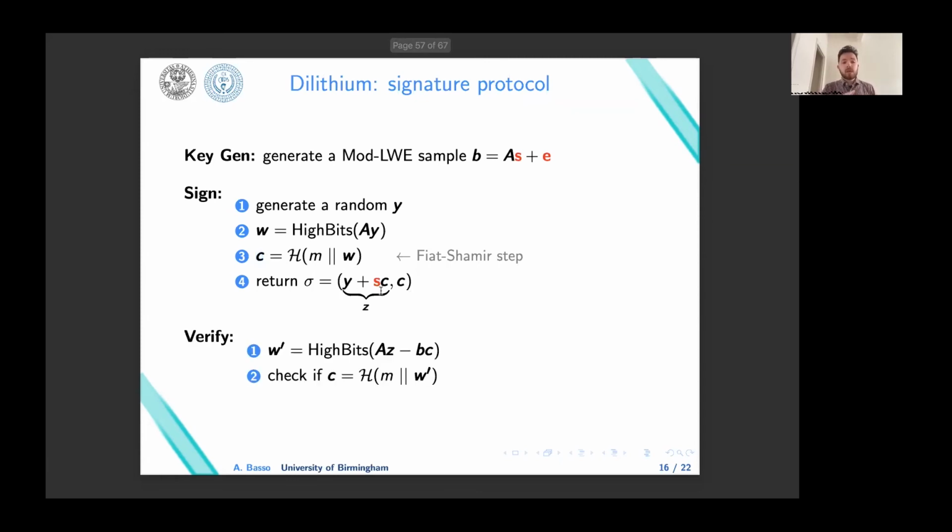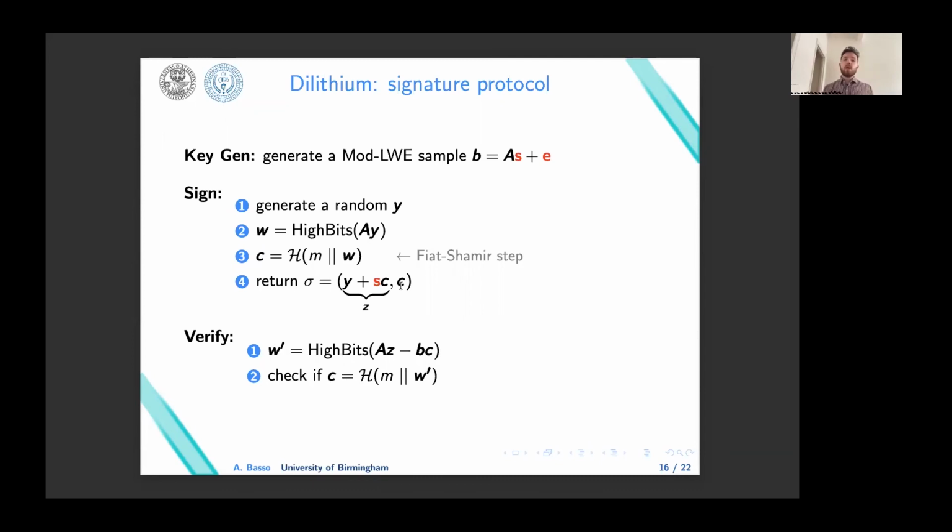And then verification is pretty much the same as before. So before we wanted to check that these high bits were the same as the value W, but now we don't have this W anymore. So what we do instead, we generate W prime, and then we check that this W prime together with the message lead to the challenge C that was actually published here.